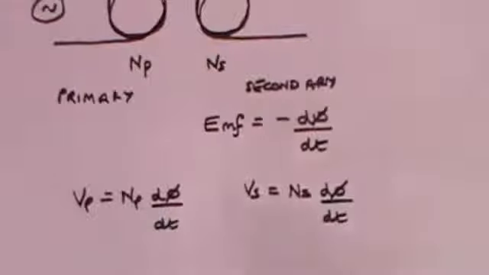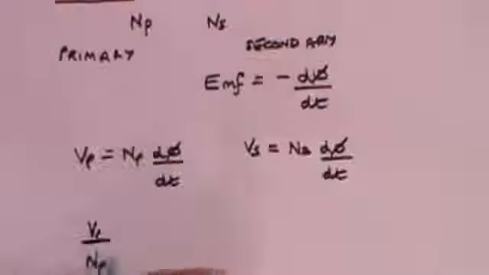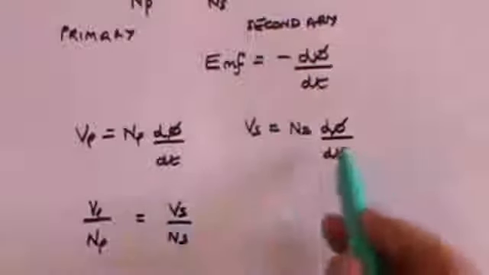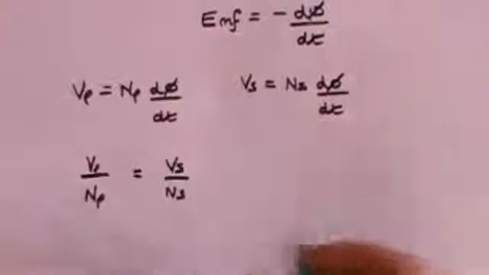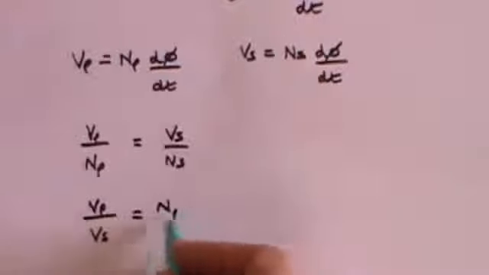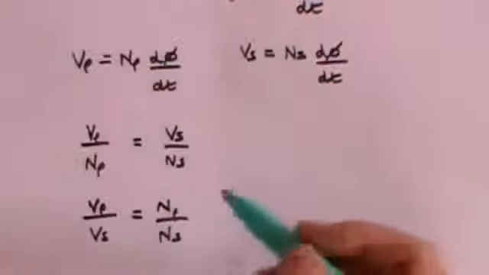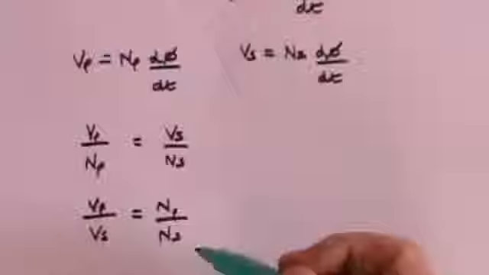And so you can see that dφ by dt is equal to Vp divided by Np, and dφ by dt is Vs divided by Ns, so consequently Vp divided by Np is equal to Vs over Ns, or putting it another way, Vp divided by Vs is Np divided by Ns. The voltage in the primary divided by the voltage in the secondary is equal to the number of turns in the primary divided by the number of turns in the secondary.